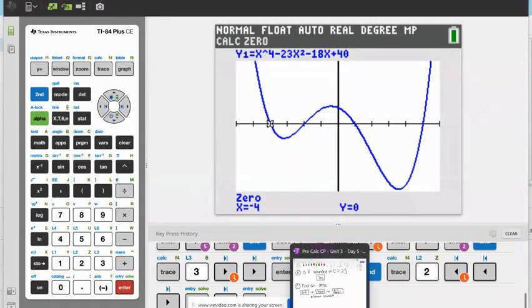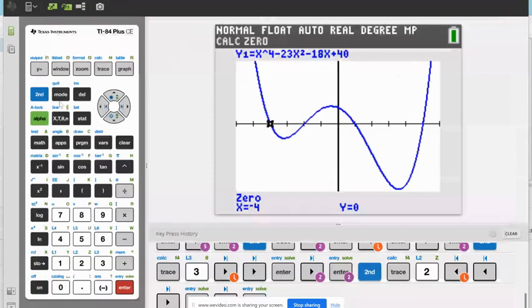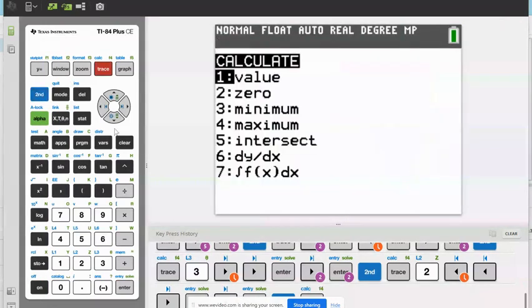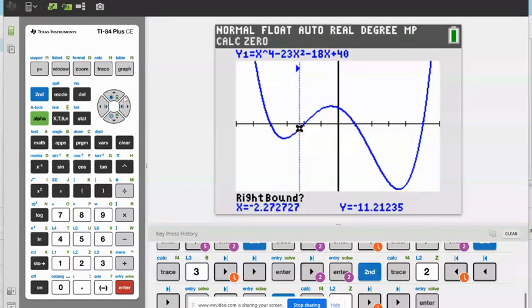Okay, let's go. For our zeros, we'll make a running list. X equals, was that -4? All right, let's find the next one. Again, we're going to do second trace, 2. Now we're going to the left of the next one, so we're below it. Then the right of the next one, which we're above.